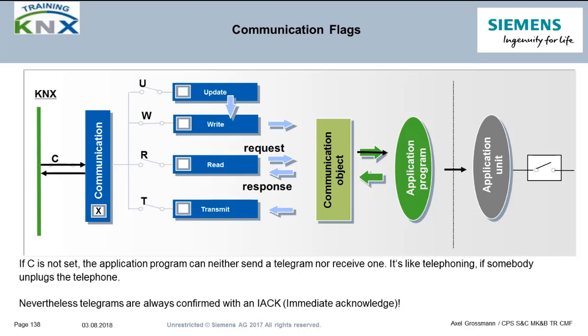If a suitable destination address is determined, an acknowledgement will be issued. That means an acknowledgement in the positive case. The application program is only on the 3rd level, and that's exactly what the flags are for. If the C flag is not active, the information must be ignored.